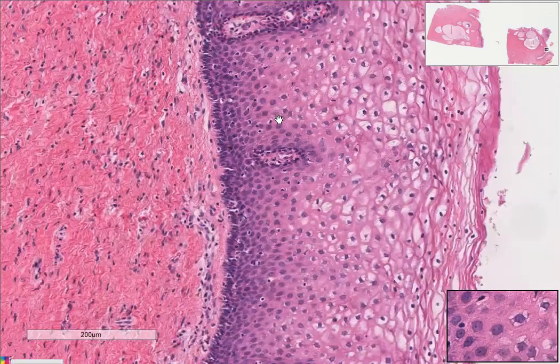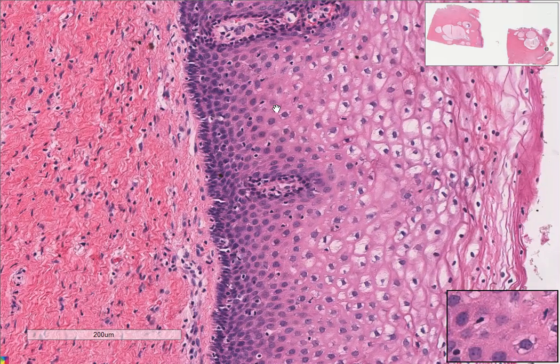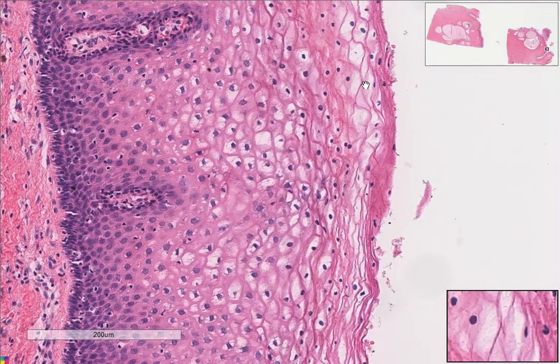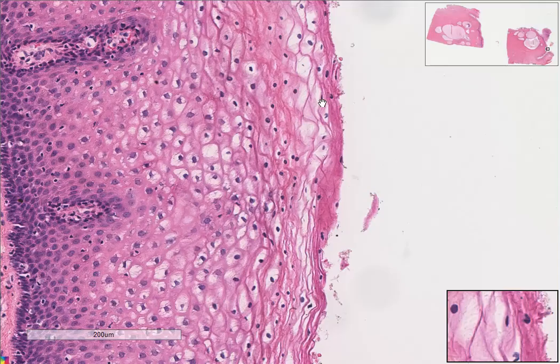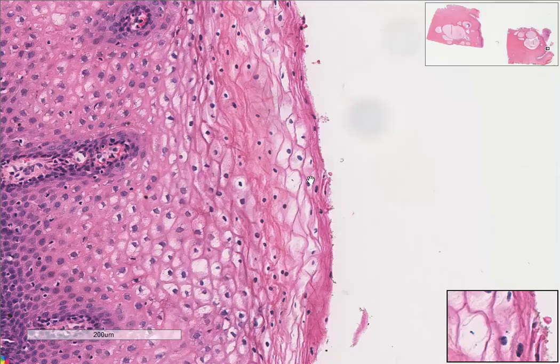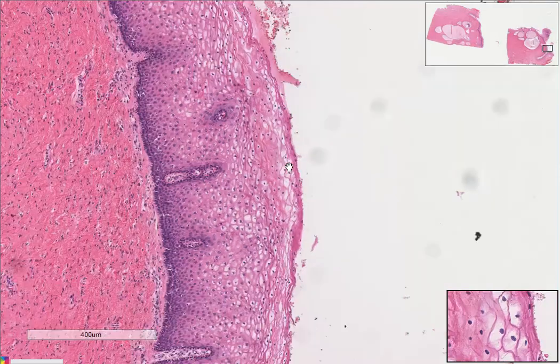If you notice, the basal cells are a little bit darker stained and smaller. And as they progress to the surface, they begin to become enlarged and more glycogenated. So you can see here the clear cytoplasm is actually glycogen rich. And if you stain this with a PAS, you will see it light up.